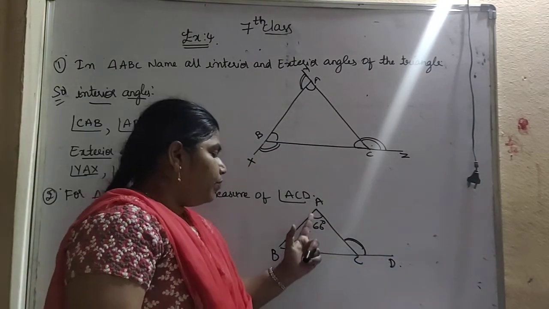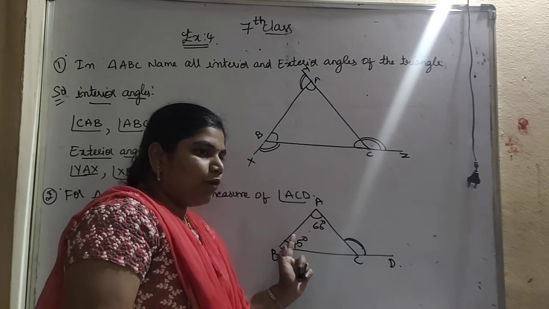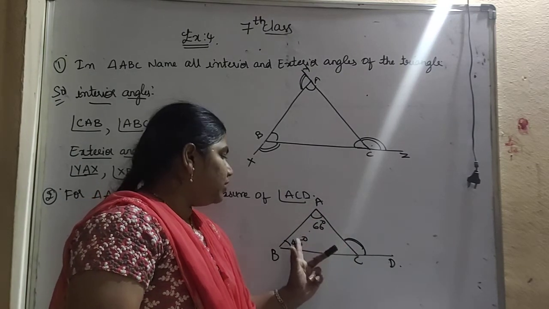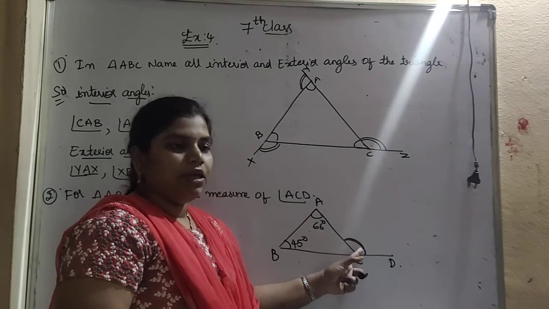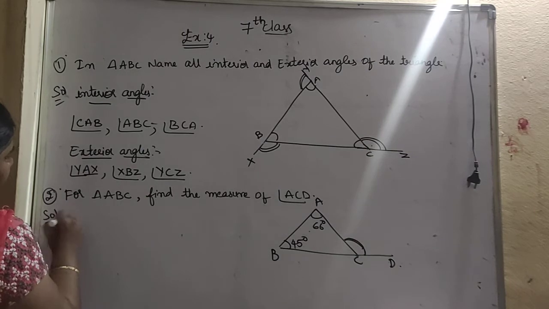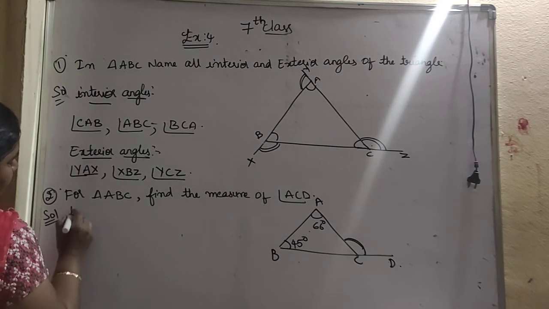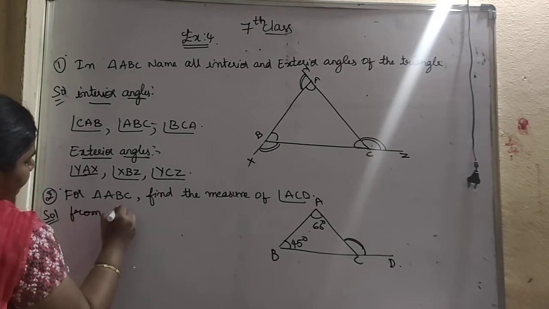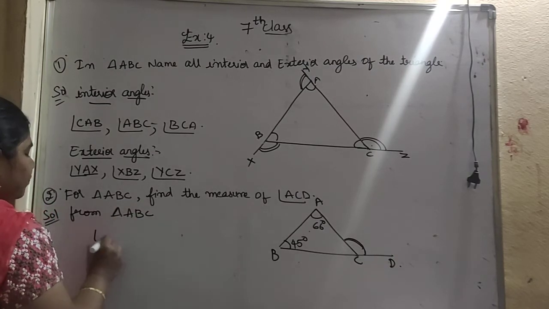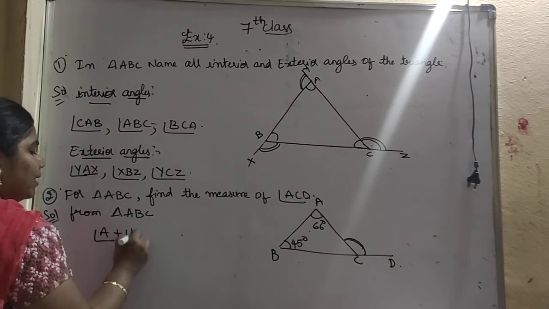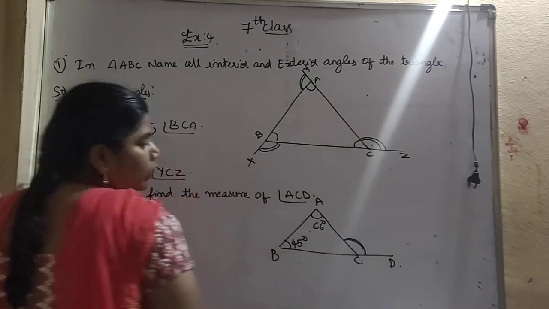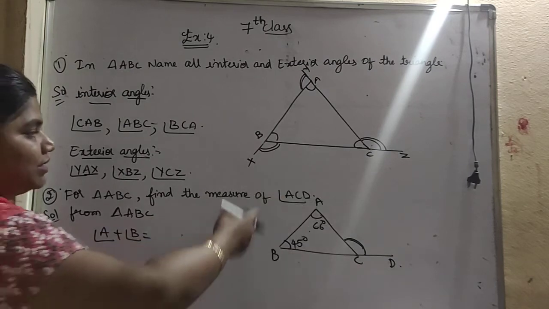So how to find? Already we know that the sum of 2 interior angles will be equal to the exterior angle. That means if you add these 2 angles, that will be equal to this angle. So from triangle ABC, we can write here angle A plus angle B will be equal to angle C, outer part, that is ACD.